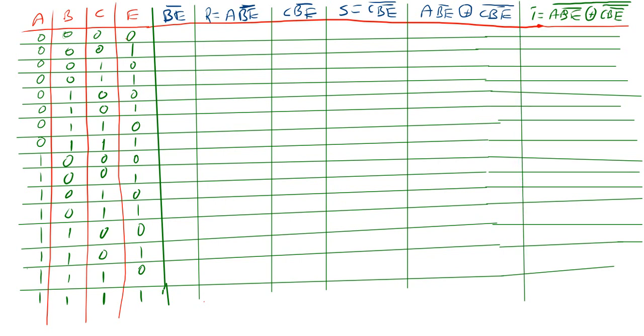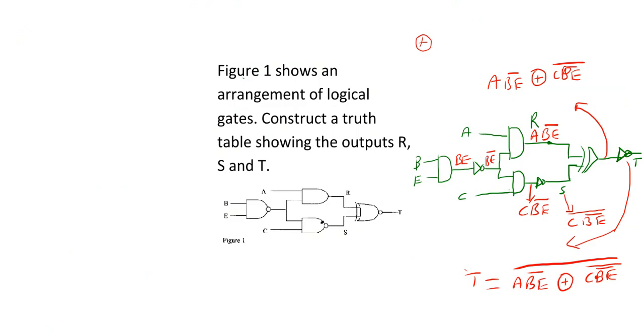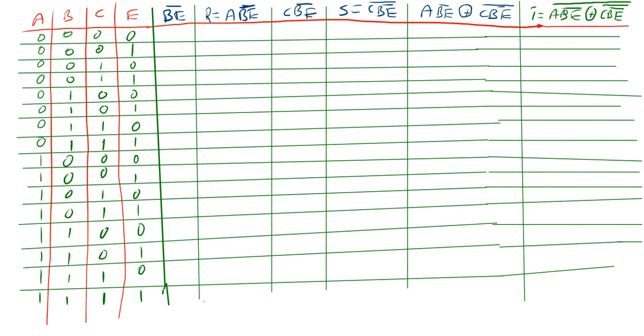So those are the columns that we have to make in this circuit. Remember, the reason why we are making the many columns is because we want to determine the output at every step in the gate, and we go step by step up to the last expression to get the right logic levels.